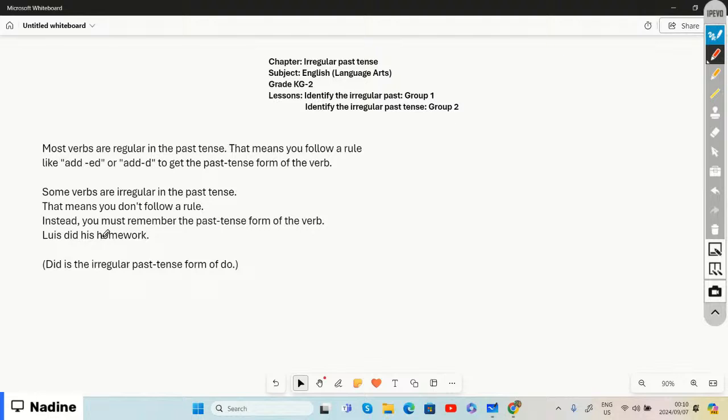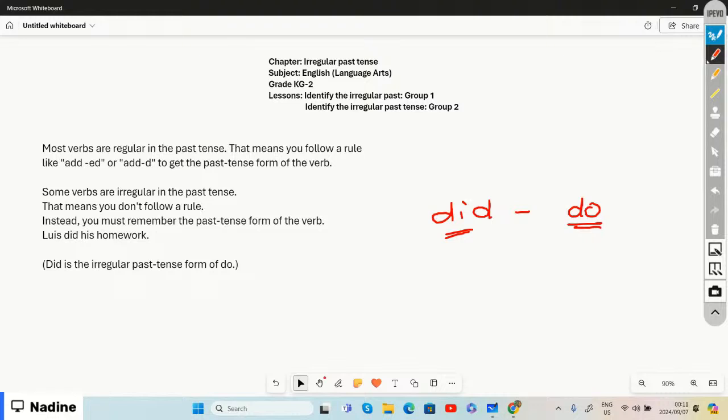All right. If we look at a few examples of irregular past tense, we can say, Louis did his homework. So here we have the word did, and did is the past tense of do. It's like I do my homework now, but in the past I did my homework.